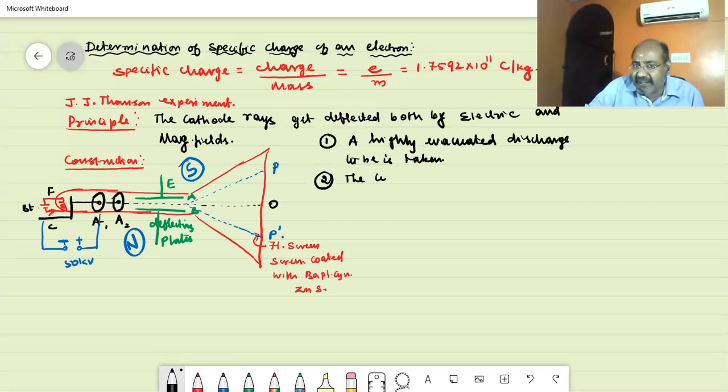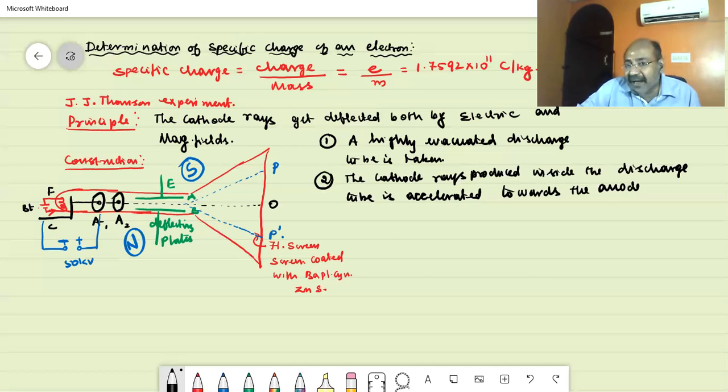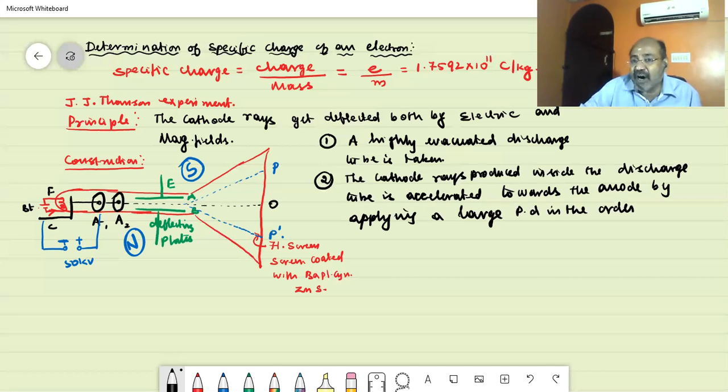The cathode rays produced inside the discharge tube are accelerated towards the anode by applying a large potential difference in the order of 50 kilovolts. This is point number 2.